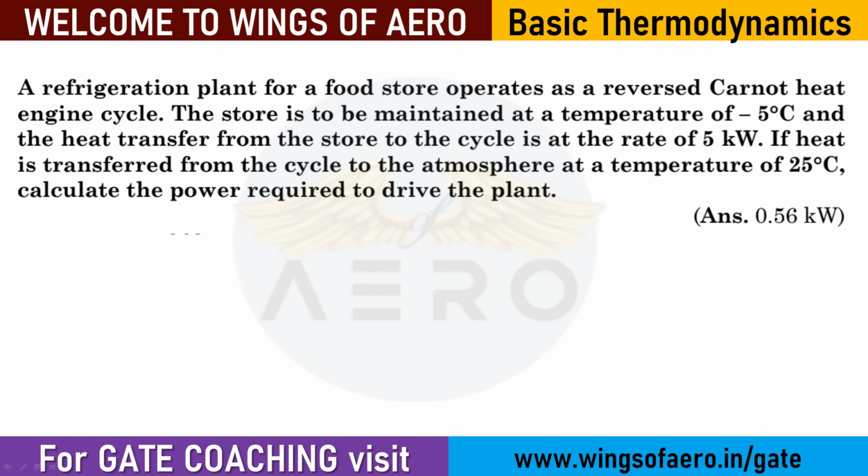If the heat is transferred from the cycle to the atmosphere at a temperature of 25 degrees Celsius, calculate the power required to drive the plant. First, you yourself read the question, identify the problem, and then you start calculating.